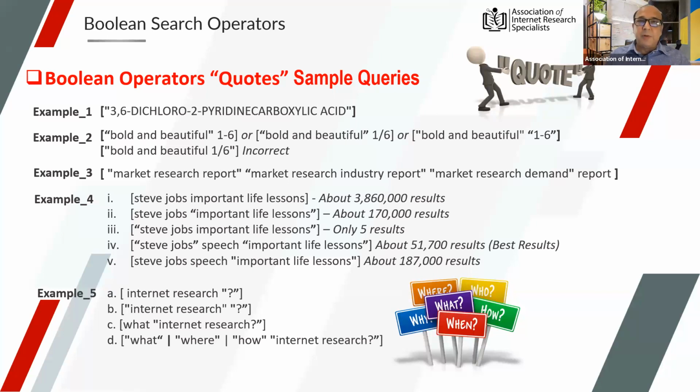Even if you use words like what, where, when, as in a question, it would treat them as stop words. So with that kind of situation, we would like to use the quotation marks, and we can structure or pose our question as shown in A, B, C, and D.